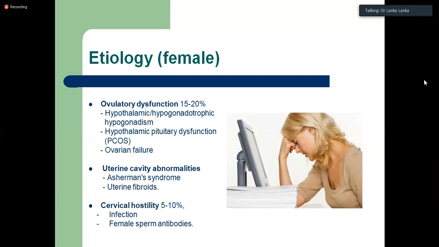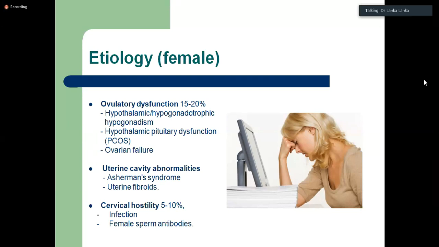Then cervical factor. With the cervix, you know that it produces immunoglobulin, that is antibodies. That antibody can damage sperm. So that is called cervical hostility.